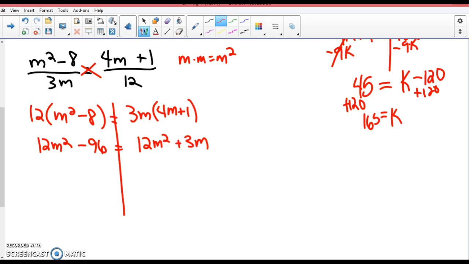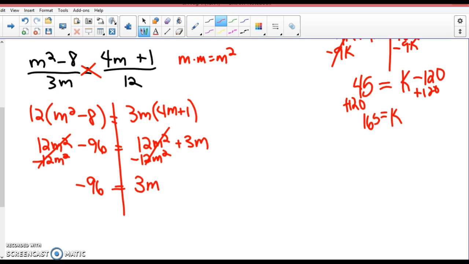Now, we are not at a point in our math career where we can solve for m squared. But watch what's going to happen. Don't I want to get all the m squareds together? Subtract 12m squared. This is 0, so I'm left with negative 96 equals 3m.